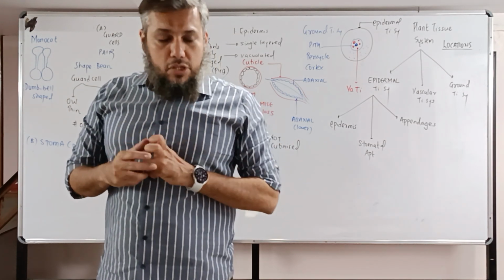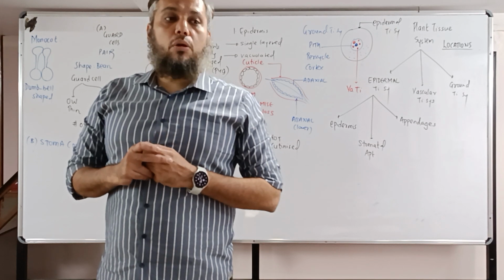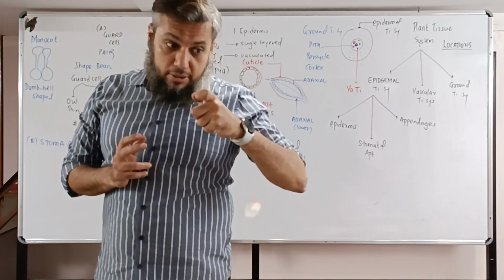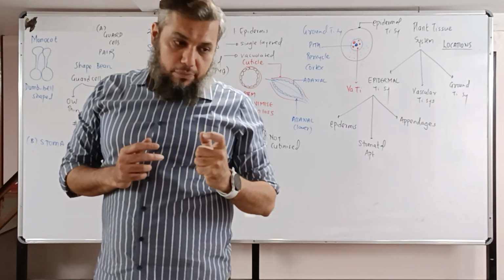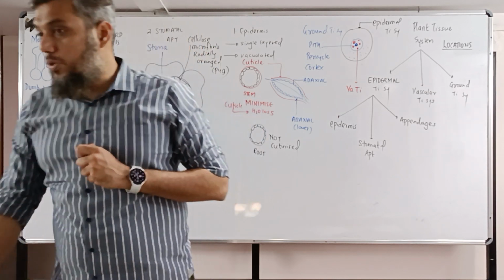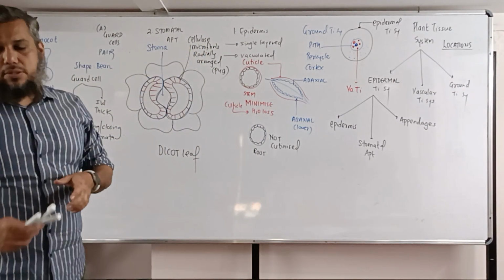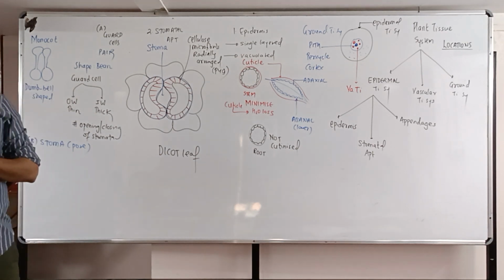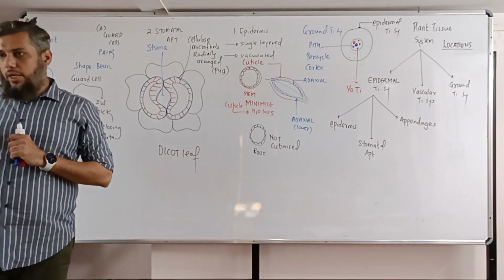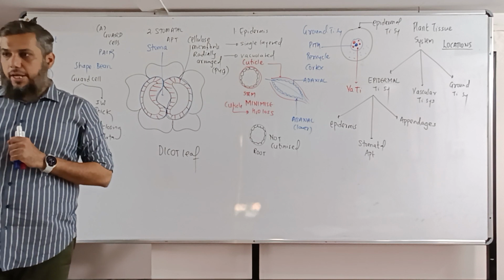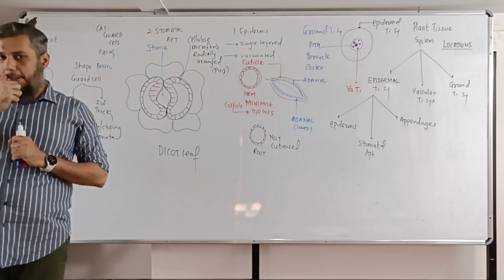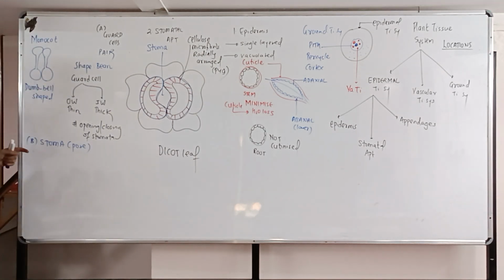What is the anatomical feature that helps? The cell walls. There is special thickness and the arrangement of the cellulose microfibrils, which are radially arranged. They are not longitudinally or transversely arranged. How are they arranged? Radially arranged. Clear everybody?